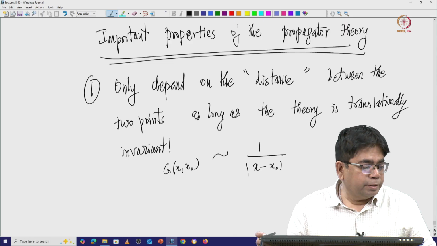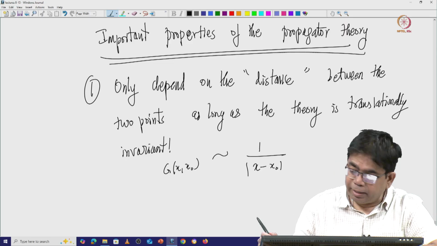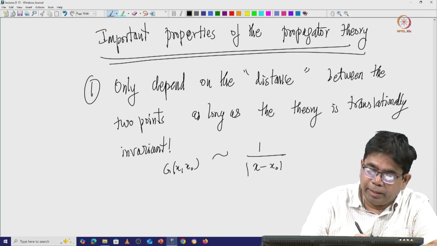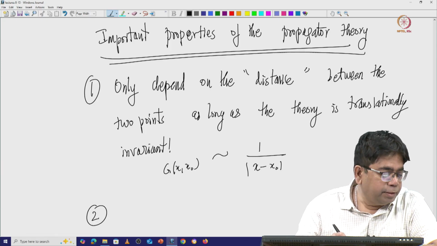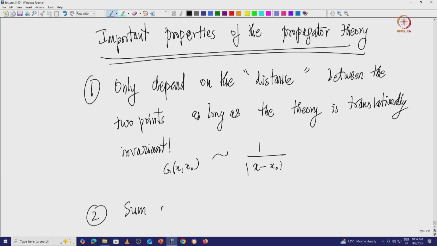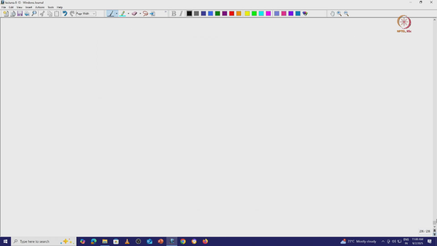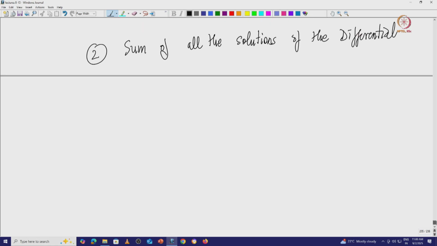Fine, this is one of the properties of the sum. The other property is something which you already saw: the sum of all the solutions of the differential operator is the propagator.